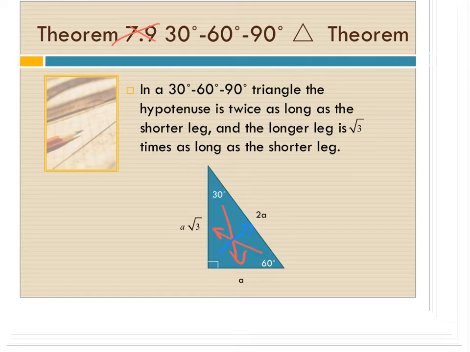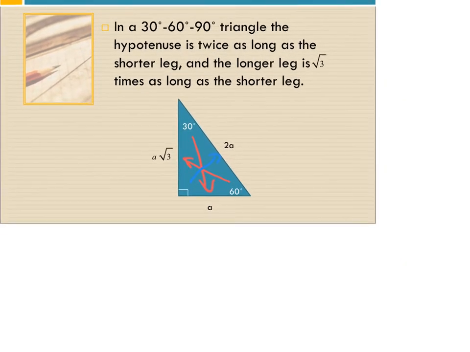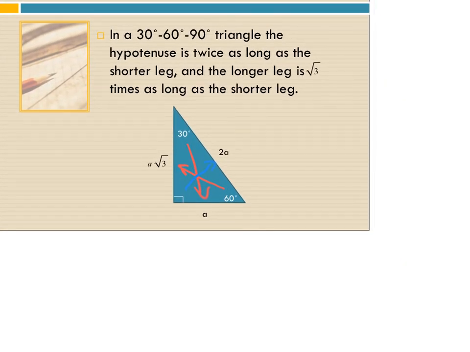All right. So let's add some numbers to this. Sometimes they're not going to label your triangle with all 3 angles. So for example, we might have a 90-degree angle and then a 30-degree angle. How could you figure out what that missing angle is?